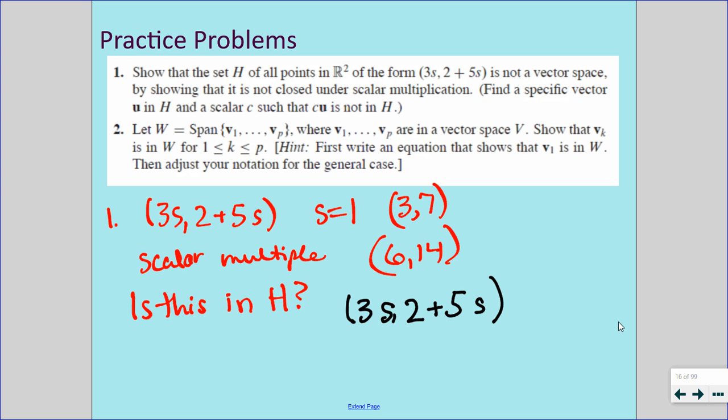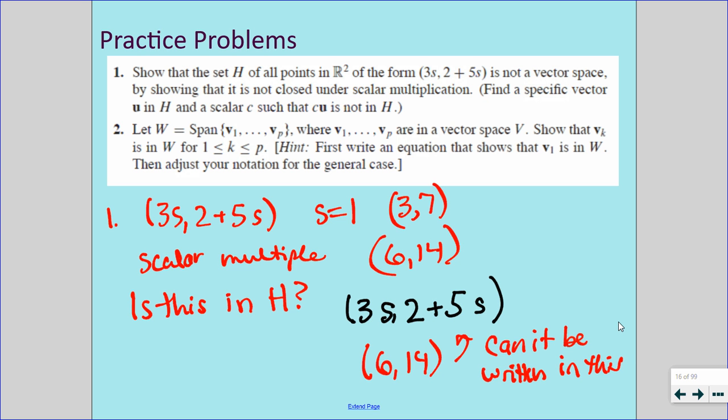Now I'm asking, is it closed under scalar multiplication? In other words, can 6 comma 14 be written in this form? And the answer is going to be no, because if s equals 2, for example, you would have 6, 12. But what we have is 6, 14.